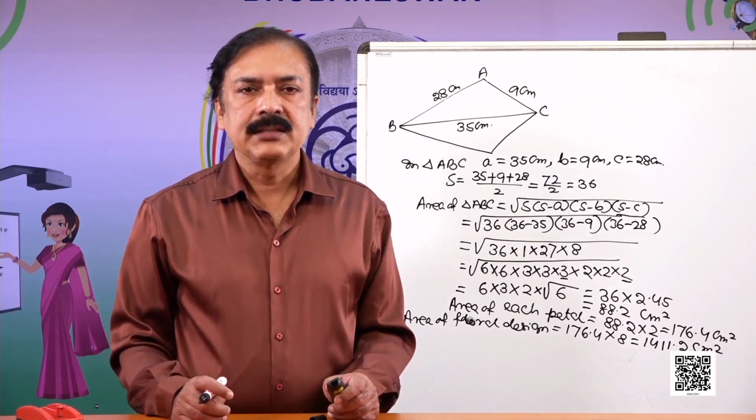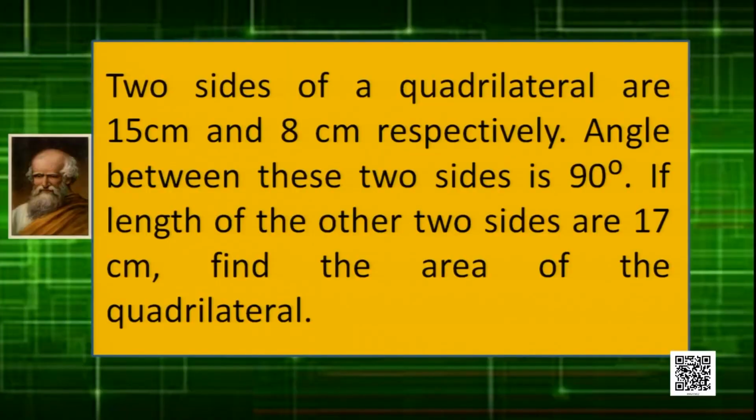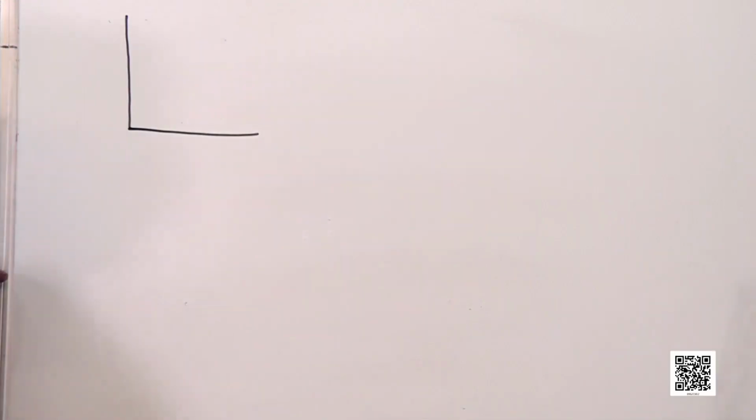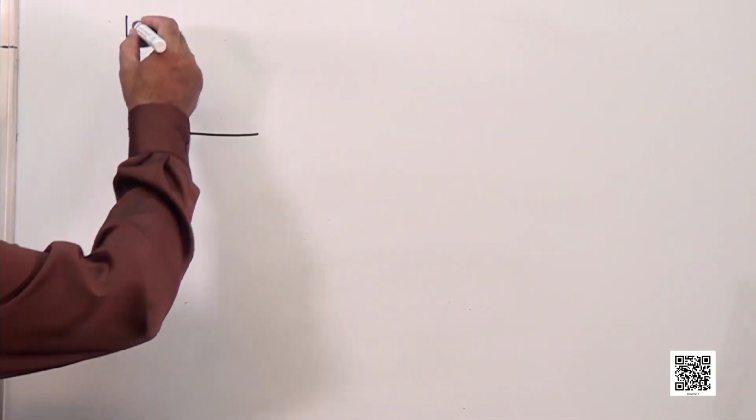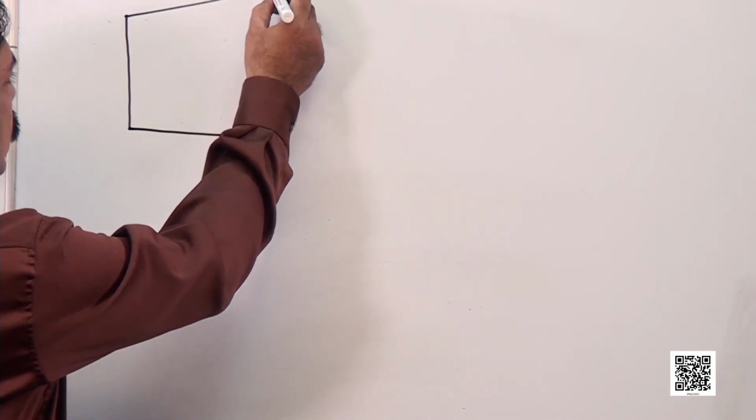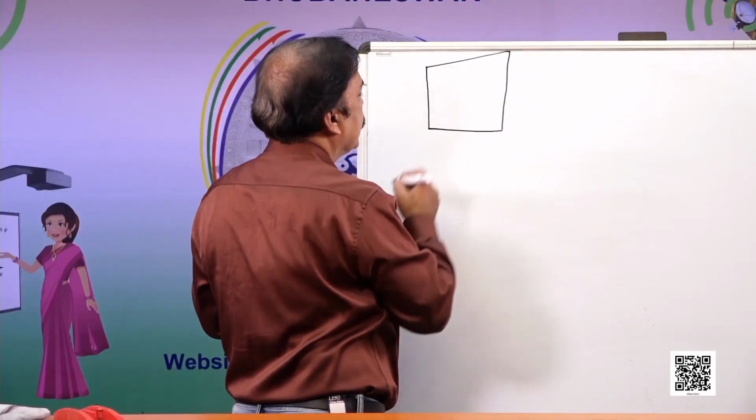This question says two sides of a quadrilateral are 15 centimeter and 8 centimeter respectively. The angle between these two sides is 90 degree. If the length of the other two sides are 17 centimeter, find the area of the quadrilateral. See, in this quadrilateral we have two sides perpendicular to each other and two other sides which are equal in length.